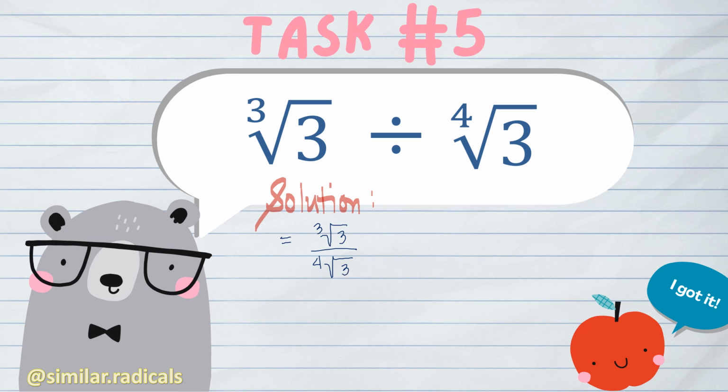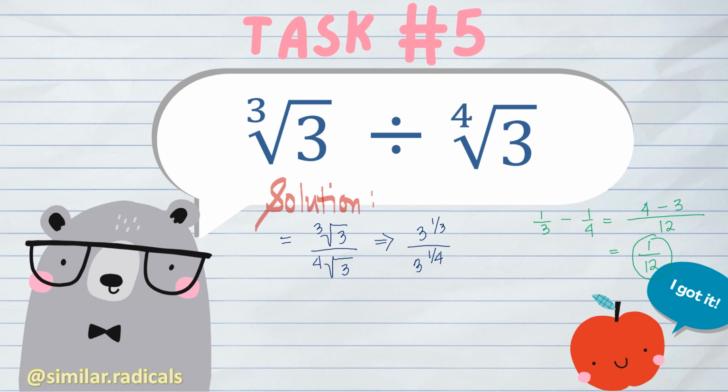I'm going to rewrite this into its exponential form: 3 raised to 1/3 divided by 3 raised to 1/4. Same manner a while ago, I'm going to subtract 1/3 minus 1/4. 12 divided by 3 is 4, times 1 is 4, and 12 divided by 4 is 3, times 1 is 3. So that means I'm gonna have 1 over 12.